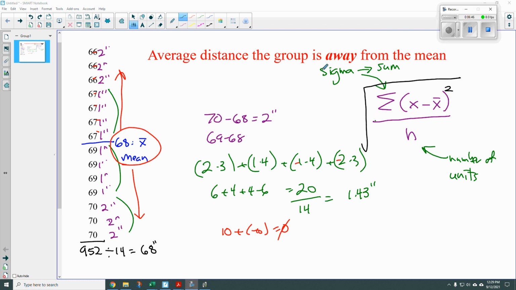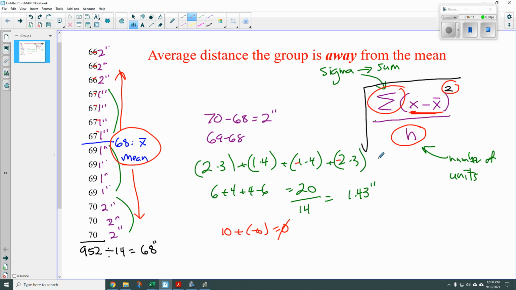So we take each of our differences between each data point and the mean, we square that number, then we add them all up, and we divide by the number of units. And that gives us kind of like an average distance that each unit is away from the mean.